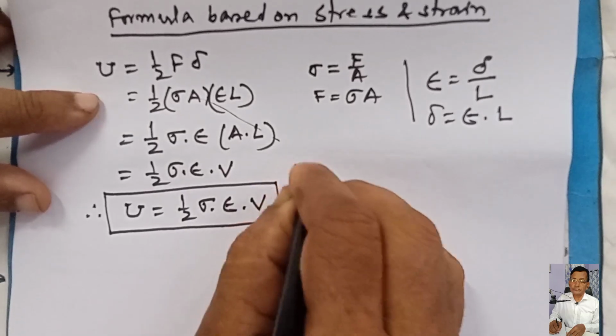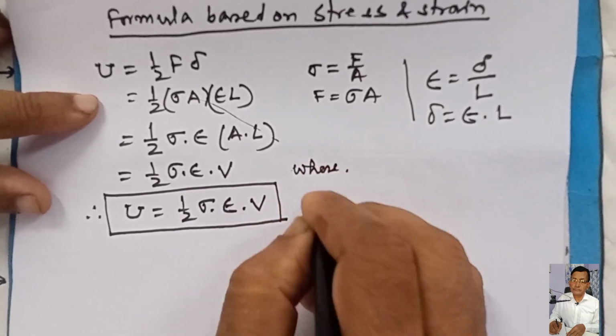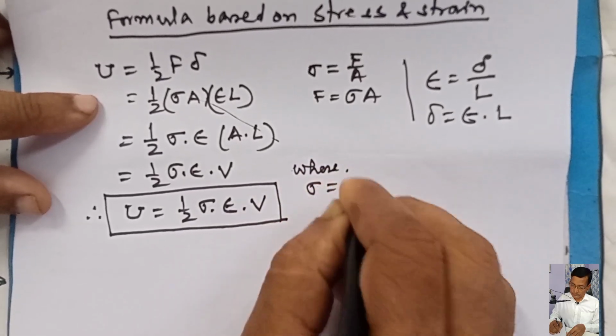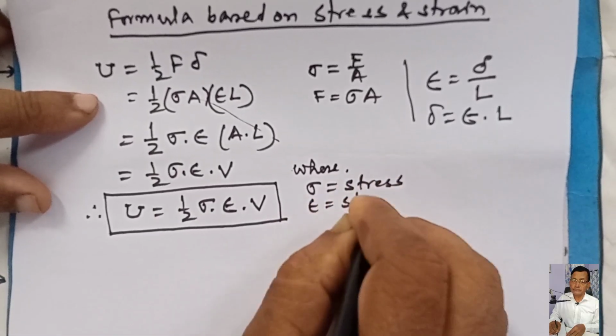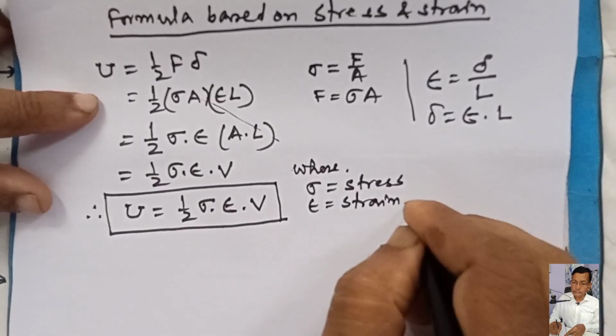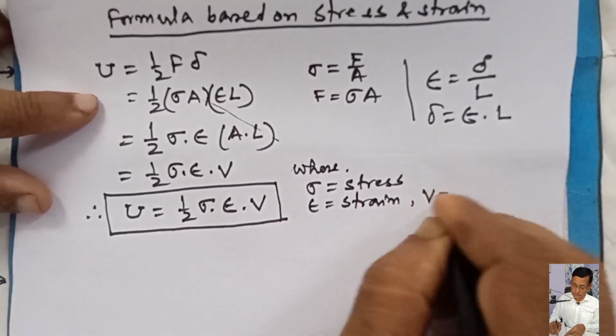where sigma is stress, epsilon is strain, and V is volume.